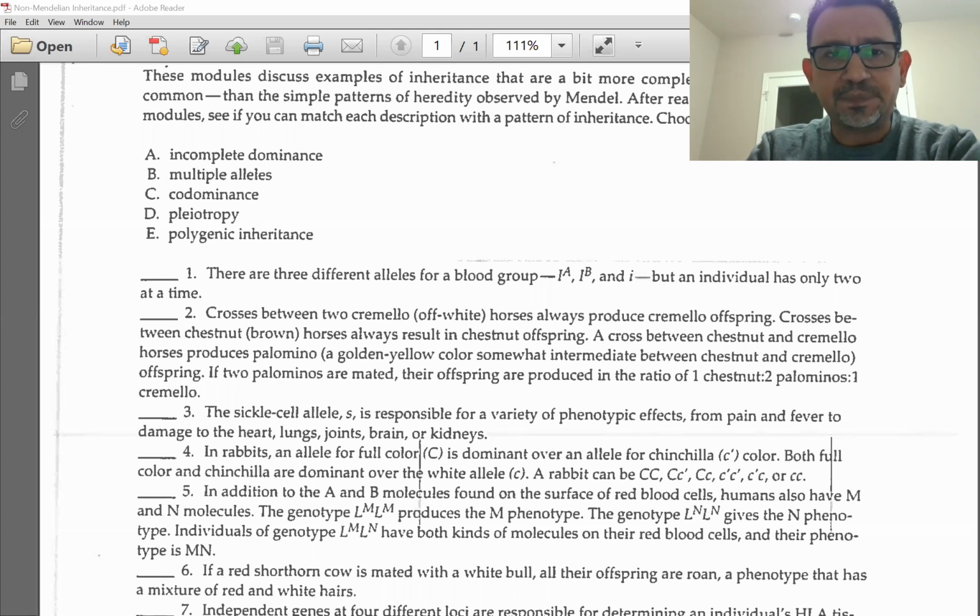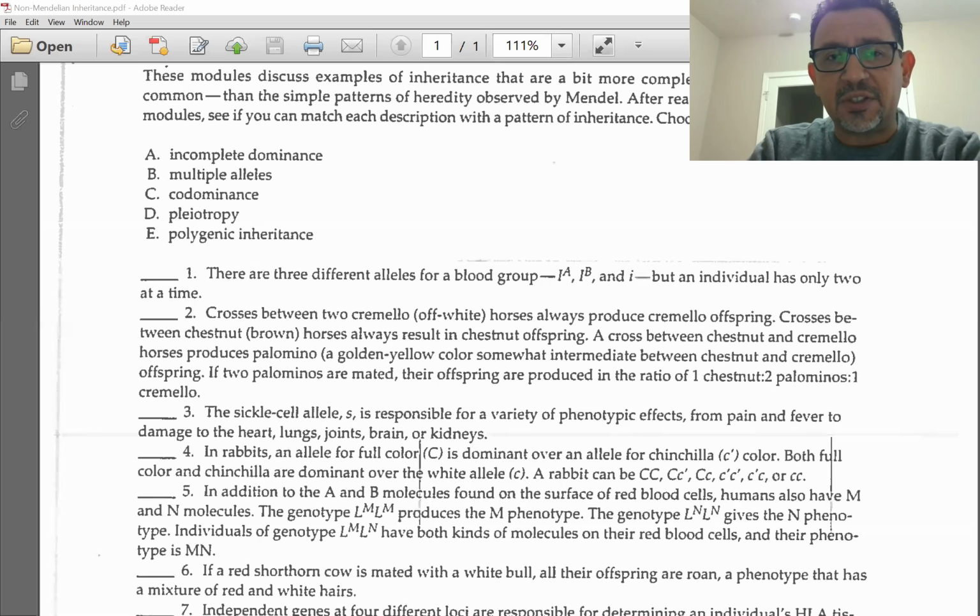Let's begin. For scenario number 1, it is only stated that for the A-B-O blood groups found in humans, there are 3 alleles responsible. They are represented as allele A, antigen A, a dominant capital A; for antigen B, a dominant capital B; and the recessive allele for the absence of these 2 antigens, A or B, is a lowercase i and nothing else.